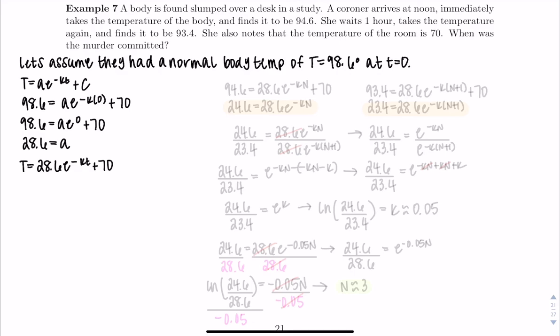So let's go ahead and solve this information. We have that it was 94.6, which is equal to 28.6 e to the negative k, and I'm going to say n for noon, plus 70.